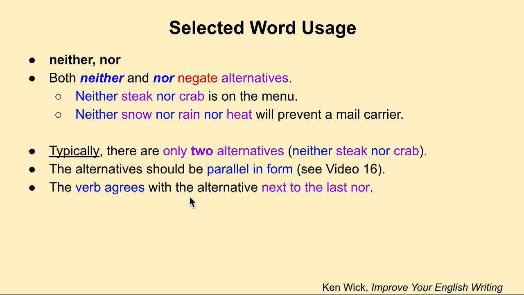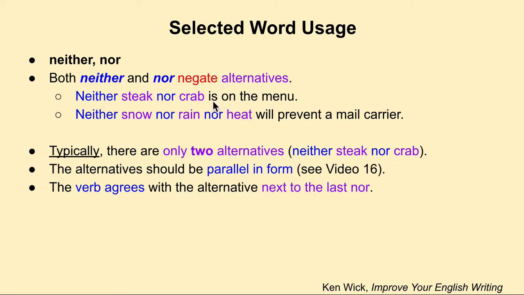And the verb agrees with the alternative next to the last nor. So like in this example up here, this will prevent actually agrees with heat. So the verb agrees in number with the one next to the last nor. In this case right here, it's going to agree with heat.